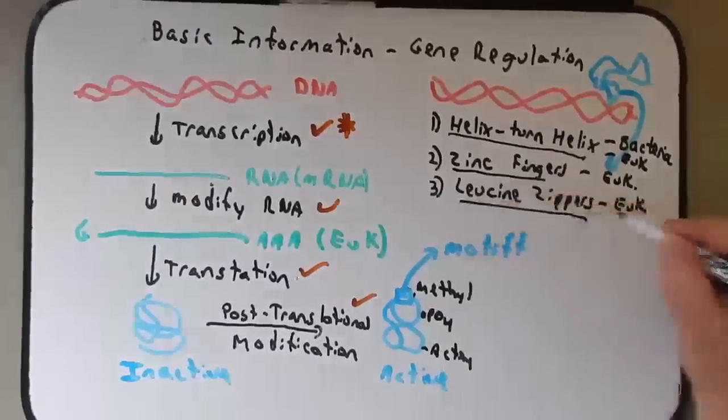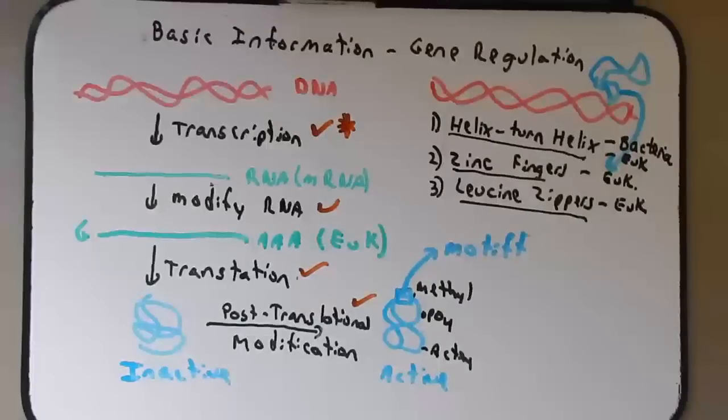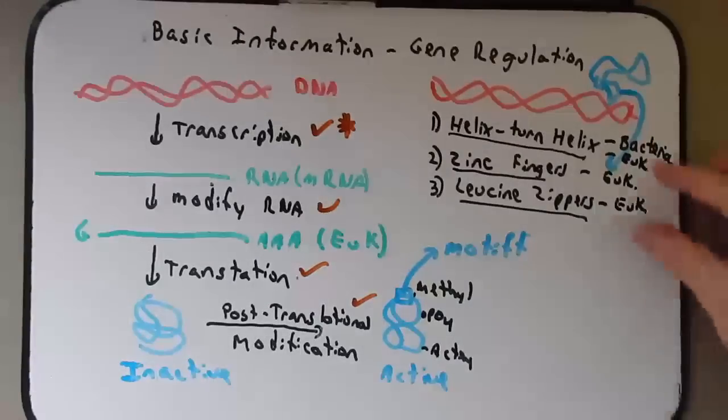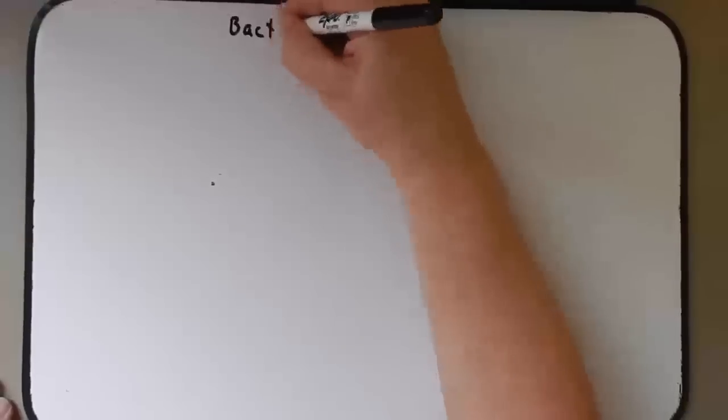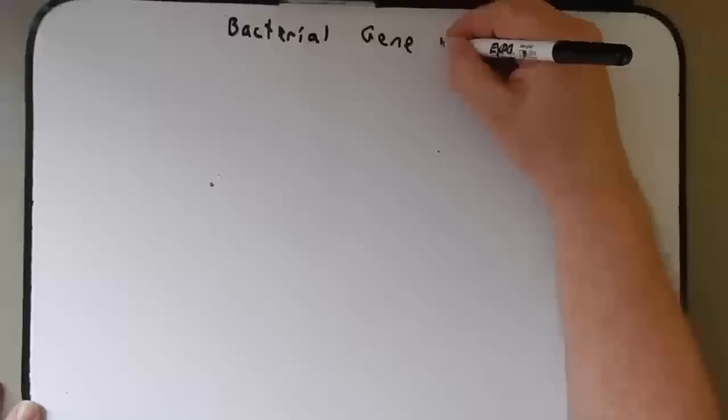So these are the only three DNA binding motifs I want you to know. Now, proteins that have these DNA binding motifs, when they bind DNA, how are they going to regulate its expression? So let's move forward now and talk more specifically about bacterial gene regulation.